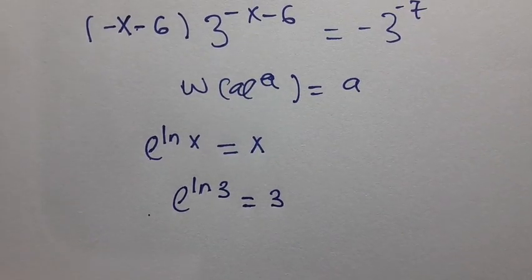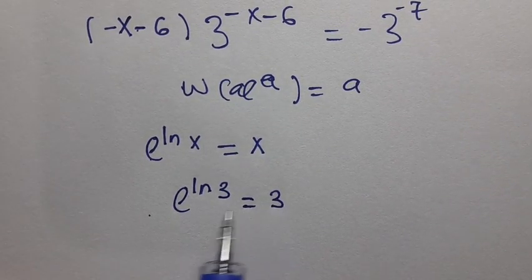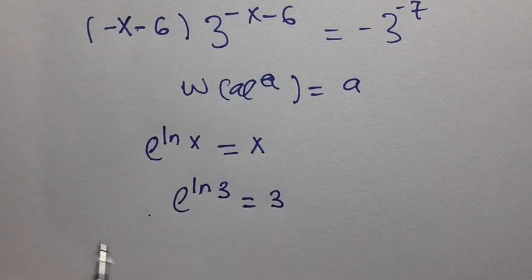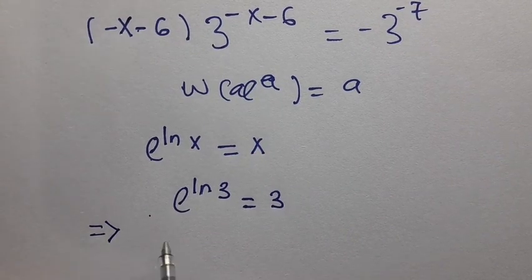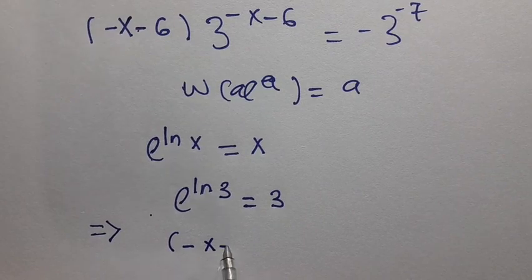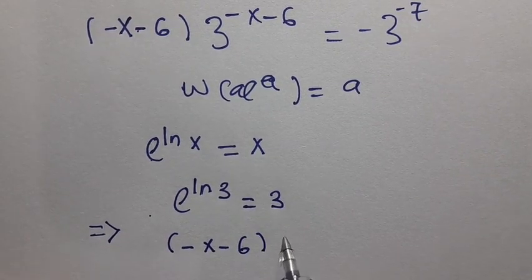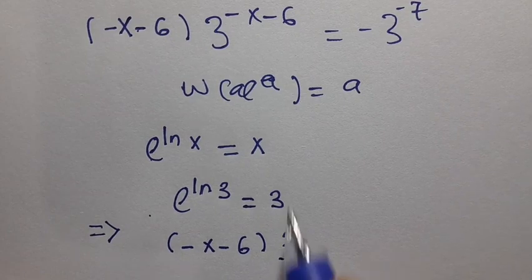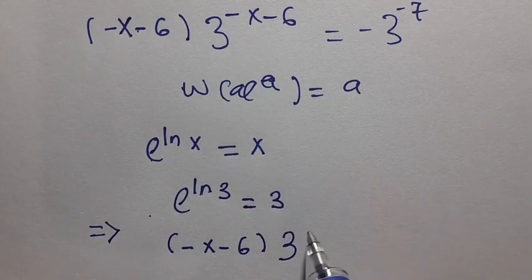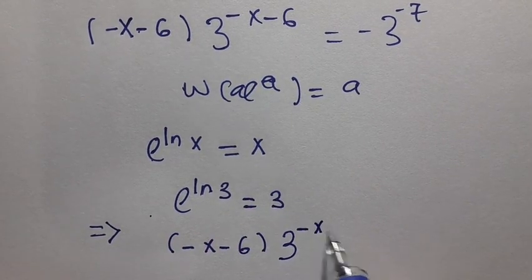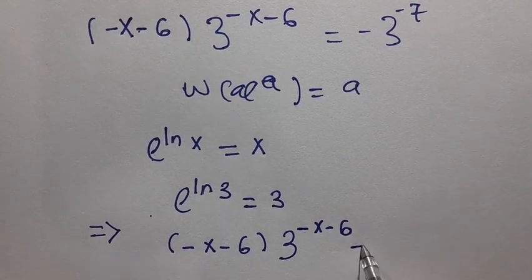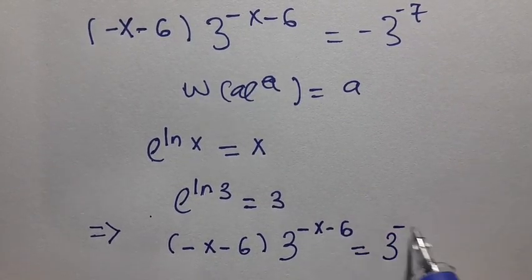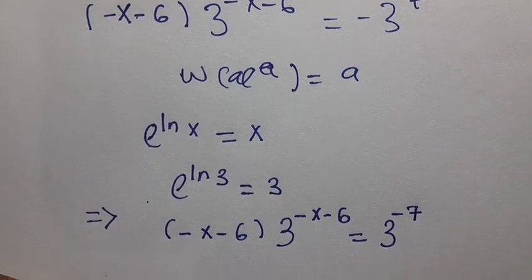Now, let's substitute this 3 that equals this here, which implies that we are going to have minus x minus 6, exponential, or 3 raised to power minus x minus 6 that equals 3 raised to power minus 7.